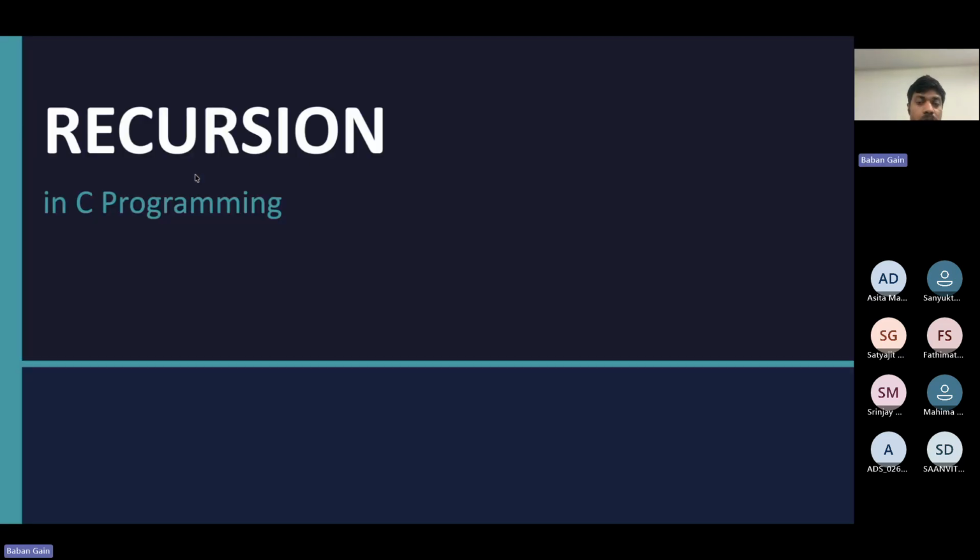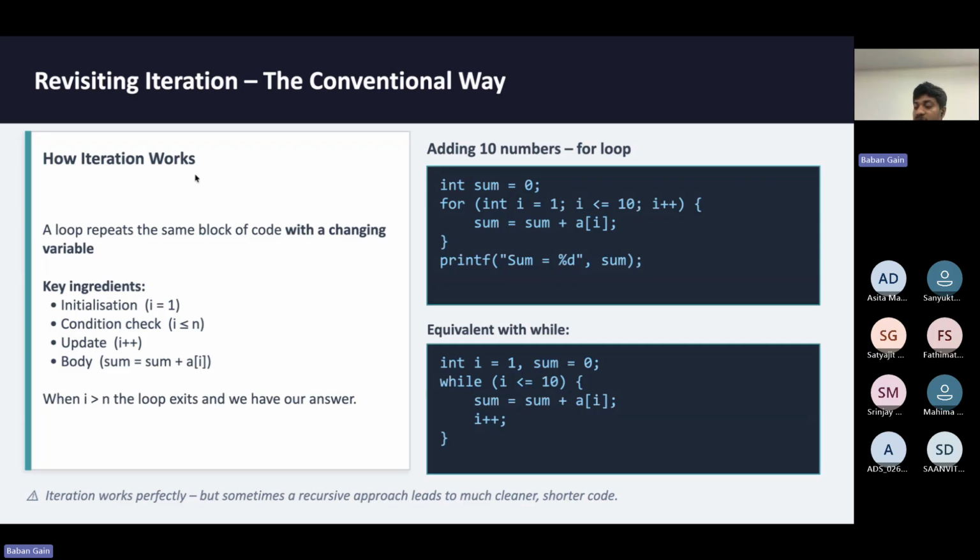Okay, before that, I'll quickly discuss recursion. I hope almost all of you know what recursion is. But it is basically if I call a function by itself, directly or indirectly, then it is called recursion. So what's the difference between iteration and recursion?